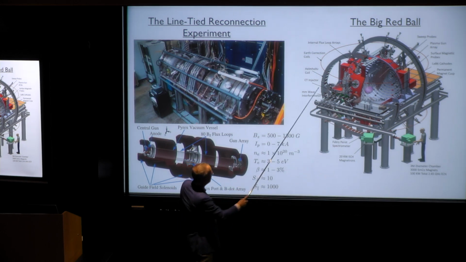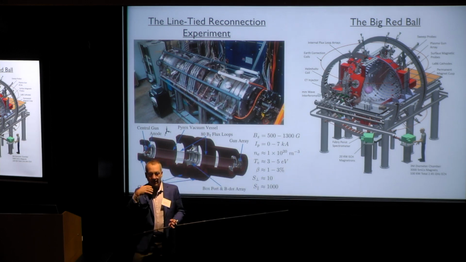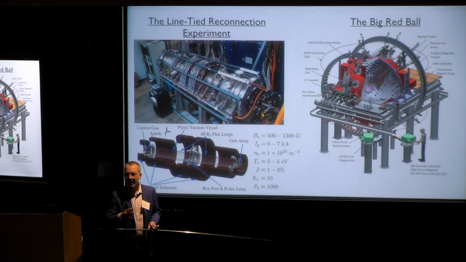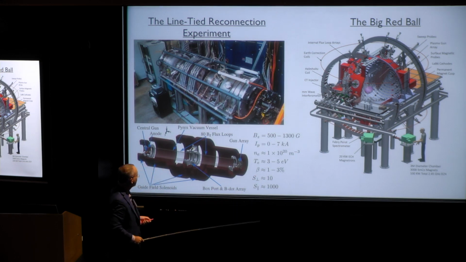But we can also apply a large-scale field and create plasmas which go from pressure-dominated, very, very high beta plasmas to magnetically dominated, where the magnetic field becomes the most important part of the system. And so I'll show you experiments from there in the second half of the talk.